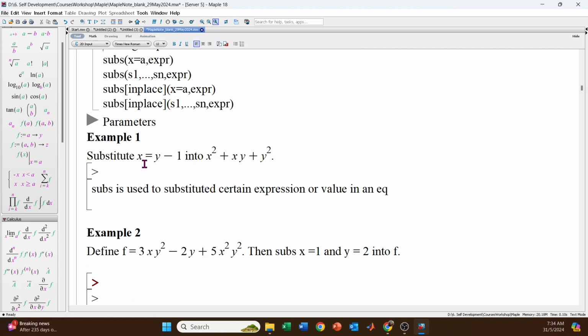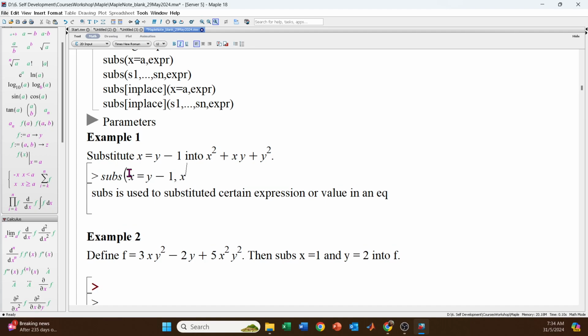Example, you want to substitute x equal to y minus 1 into x squared plus xy plus y squared. So you use substitute, SUBS. Substitute x equal to y minus 1 into x squared plus x times y plus y squared.